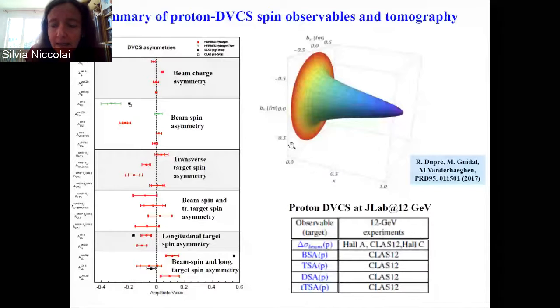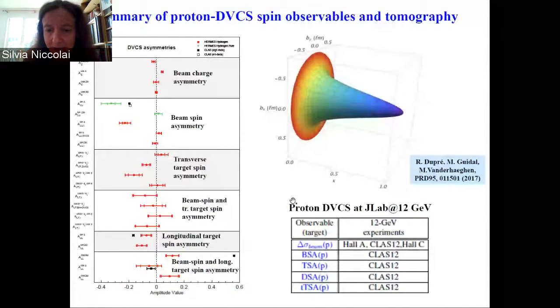This basically tells us that the valence quarks that have the higher momentum are focused in the center of the proton, while the sea quarks are spread around its boundaries. So this is already something we were able to say on the proton because of this wealth of data.